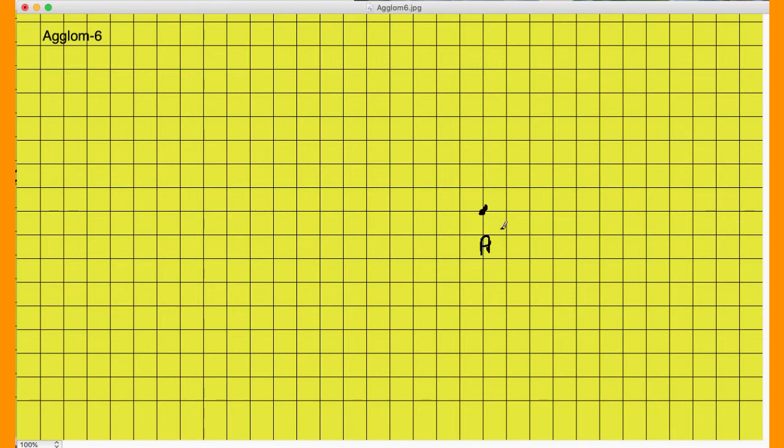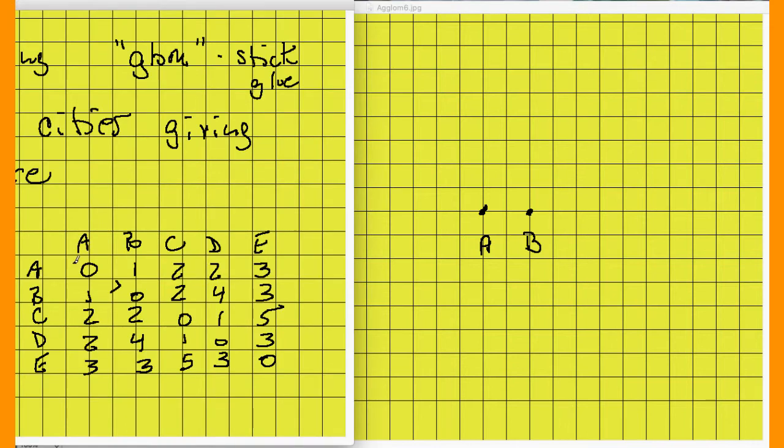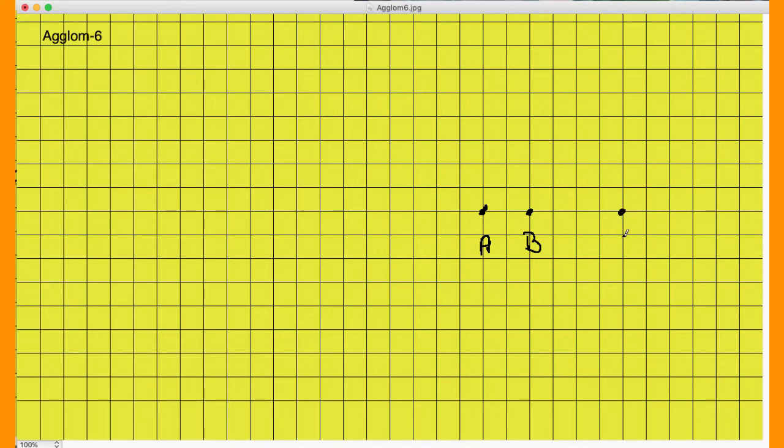So here's A and here's B. And if I come over here, we can see that C and D are also right near each other. So I'm going to put C and I'm going to put D.